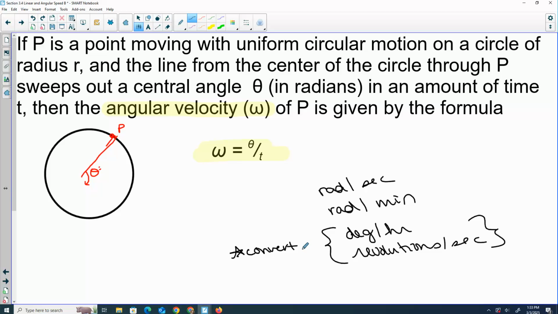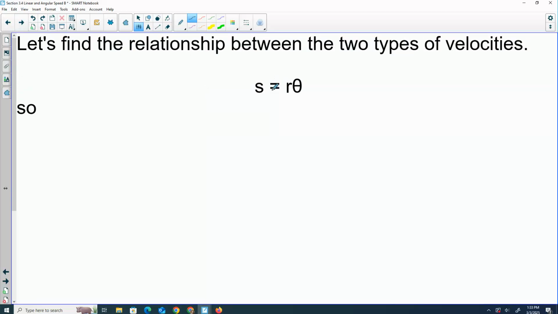All right. So those are the first two formulas. The second thing that we want to look at is how those pieces are related. So what we already know is in a circle, arc length is R times theta.